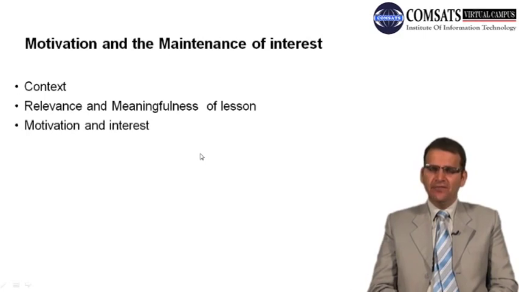Now what is the difference? Content is your subject matter, right? And context is that situation. For example, there is a class and the teacher needs to give instructions to the students. Now the teacher uses imperatives, right? So the content is what?